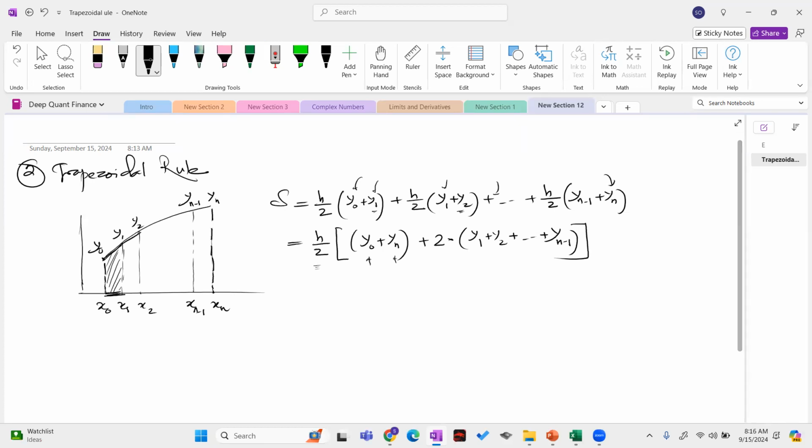They have respective weights. y0 gets a weight of 1. yn also gets a weight of 1. Weight means coefficient. All the other y's get a coefficient of 2. That is what I have to ensure, and then just do a sum product. That's all. So let's see the implementation in Excel.